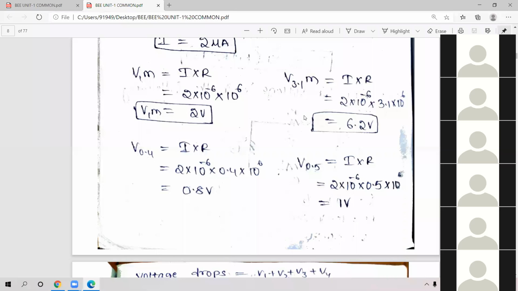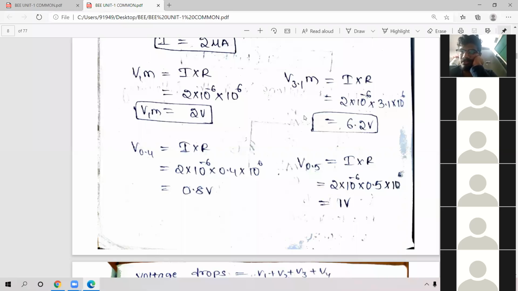Now, what is the total voltage actually applied? The total voltage applied is 10. And you can verify KVL also. How will you verify? The sum of voltage rises is equal to the sum of voltage drops. The rise is 10. How many drops are there? 4 drops are there. You just add all 4.